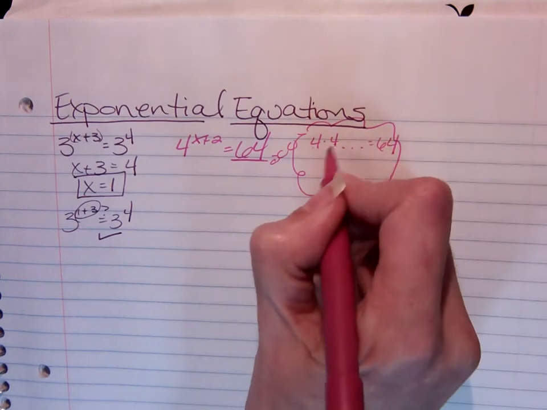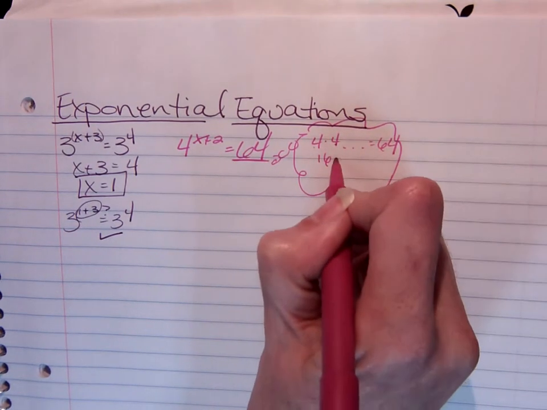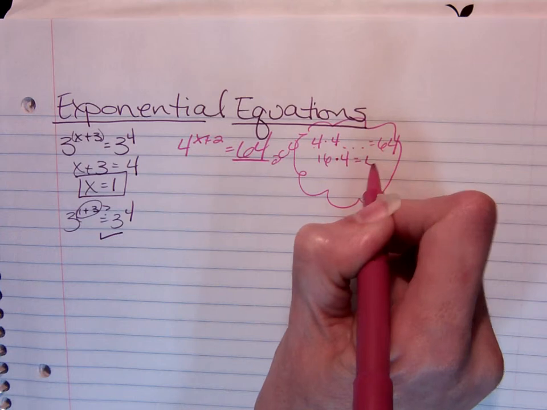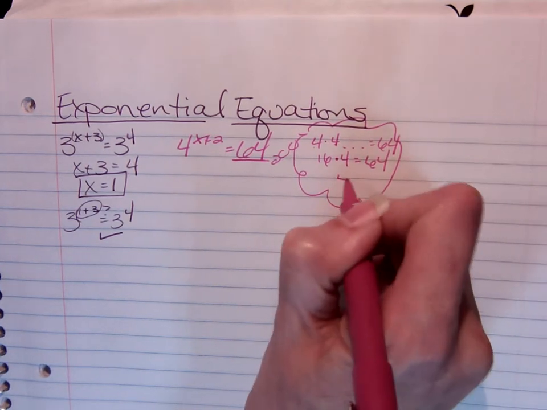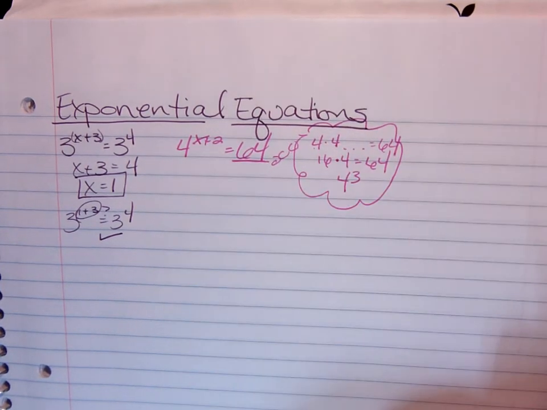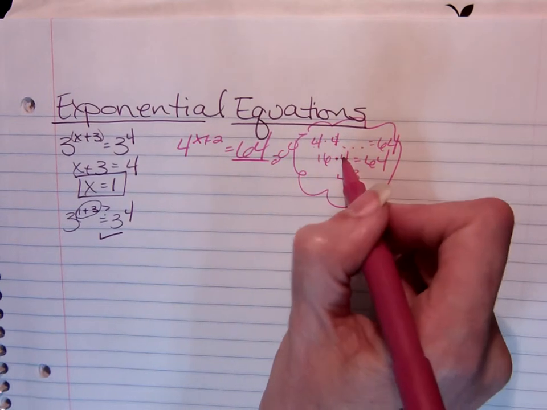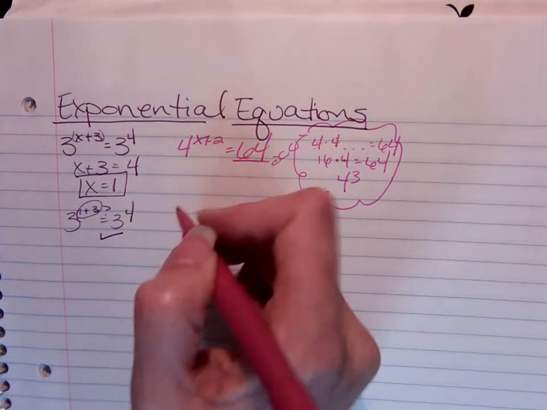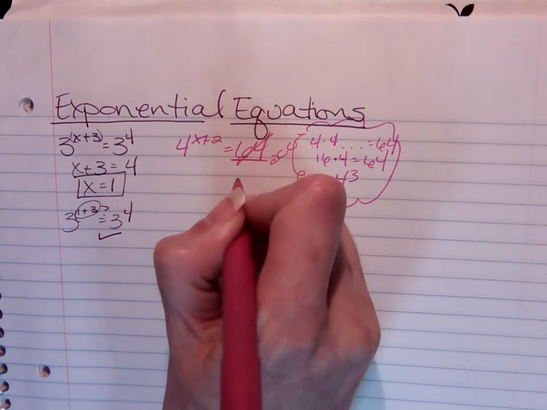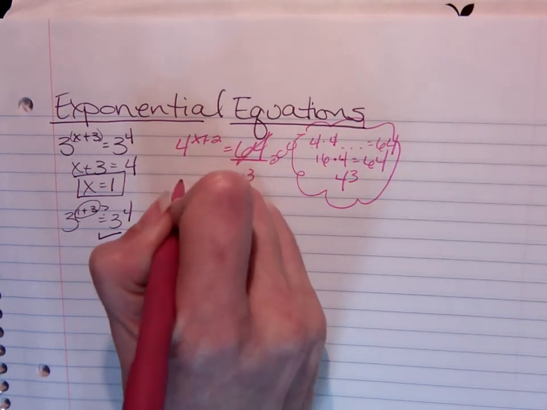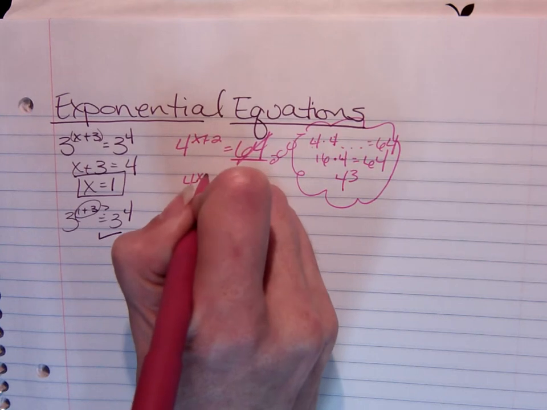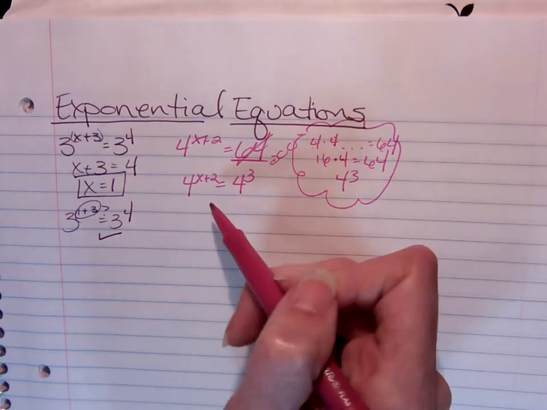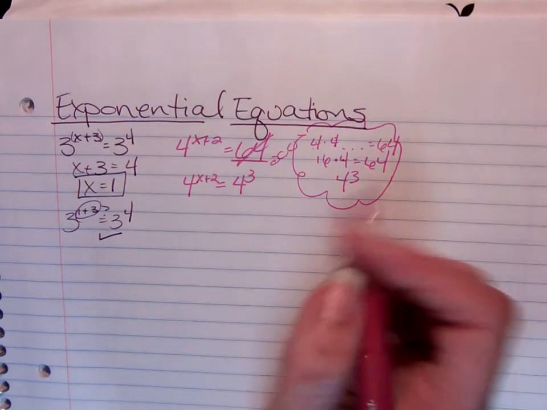Well, I know 4 times 4 is 16, and then 16 times 4, hey, there's my 64, so I know that I can just write 4 cubed, because it took 3 times multiplying 4 to equal 64. So we can rewrite that as 4 to the 3rd power equals 4 to the x plus 2, and we're right back where we were with our first example.